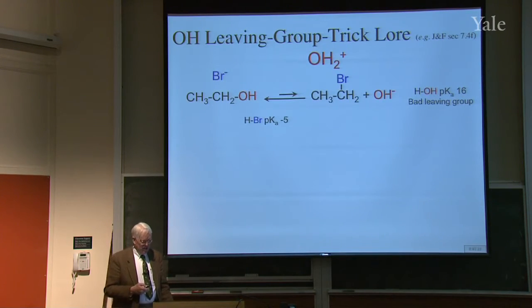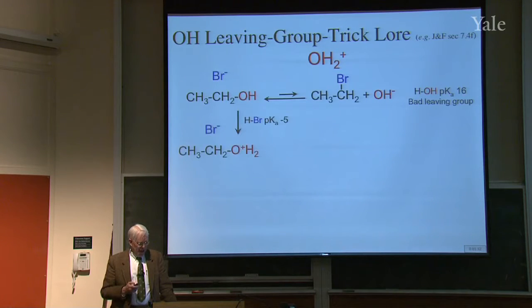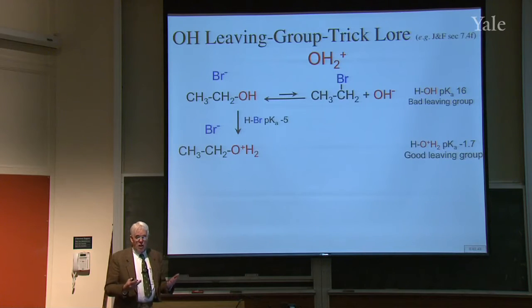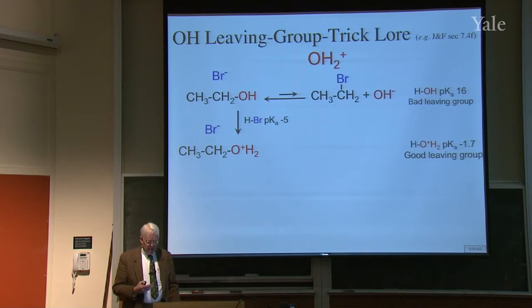And so you'd start with an expensive starting material and make a cheap product if you wanted to use that reaction. But if you put HBr in there, you protonate it, right? Because HBr has a pKa of -5, but water or alcohol has a pKa of -1.7.